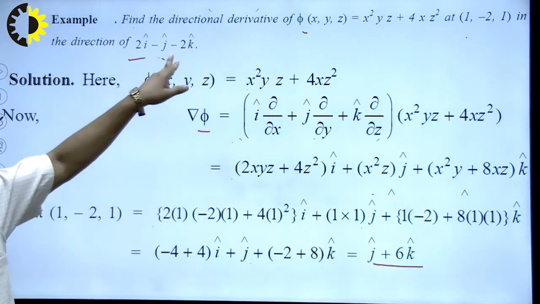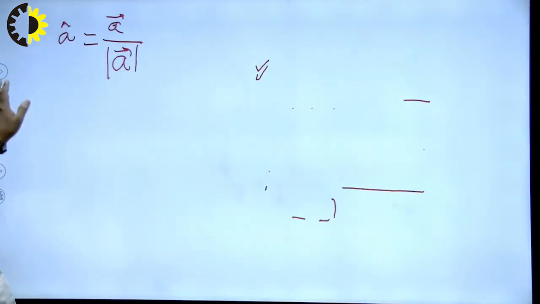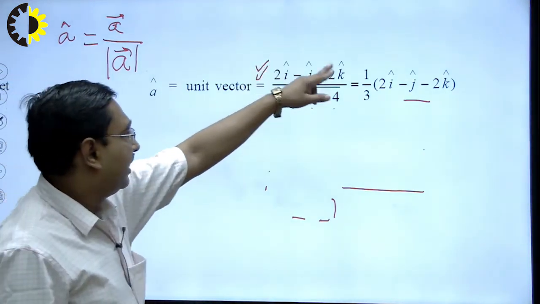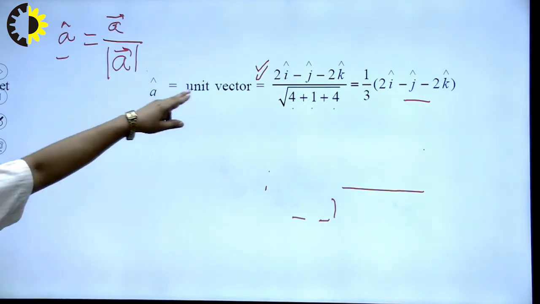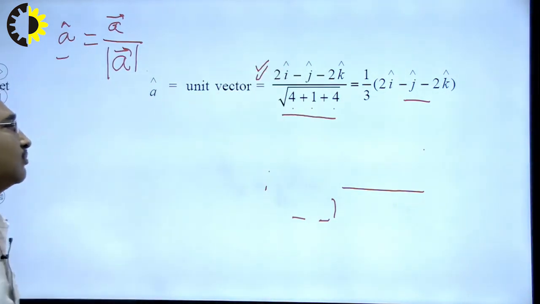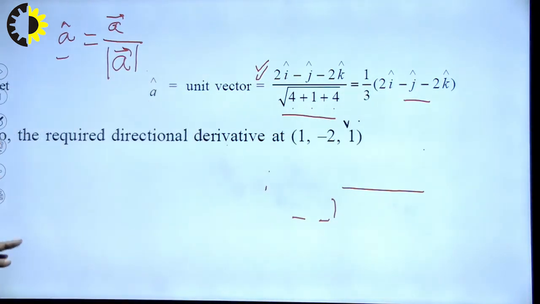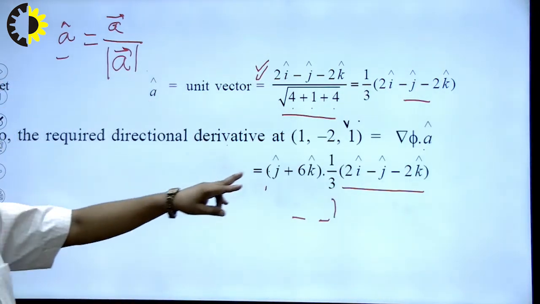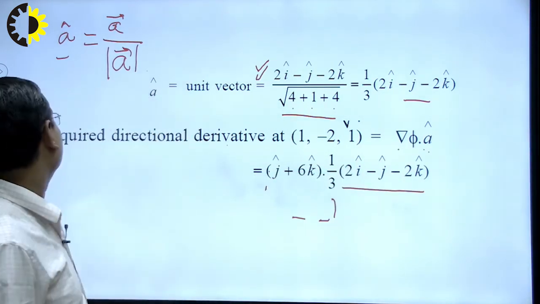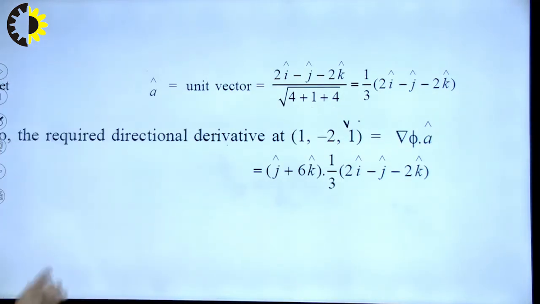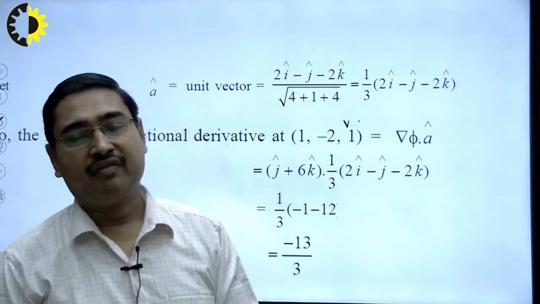The given vector in which the directional derivative is required will work as vector a. Because a cap is required, I divided this a by its modulus. Simplifying, I obtained the value of a cap. The directional derivative was grad phi dot a cap. Values of grad phi and a cap were substituted, simplified, and after simplification I obtained the required value of the directional derivative.